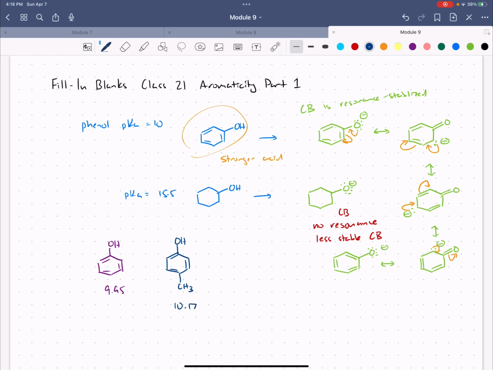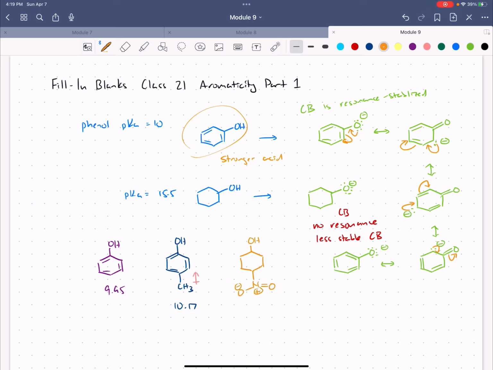So it becomes less acidic because donation is bad to stabilize anions, right? You want withdrawing, right? How are you going to stabilize this anion when you're pumping in more electrons into the ring like that we have here? On the other hand, and we saw this in class, if you have a nitro group, and I'm not going to draw out the resonance structures, we did this in class.